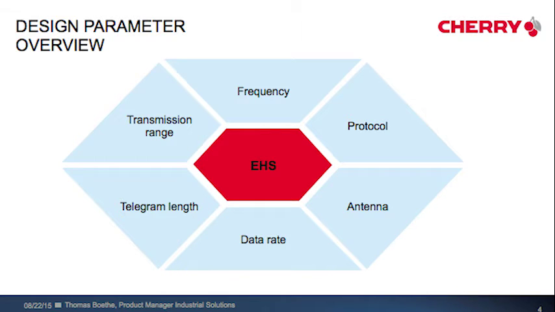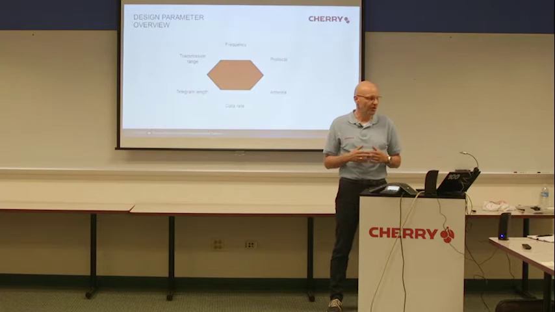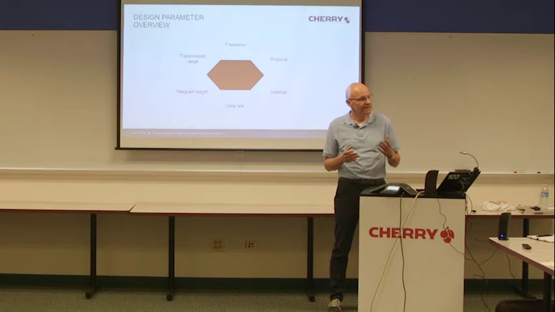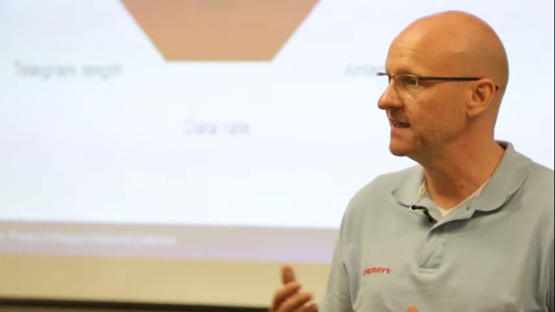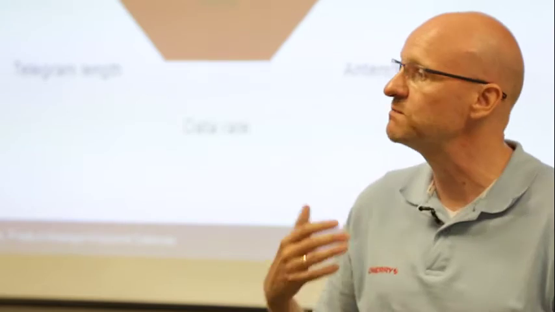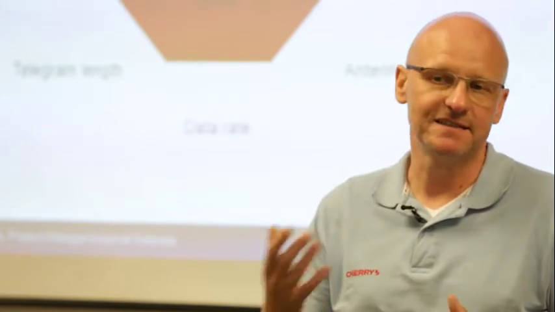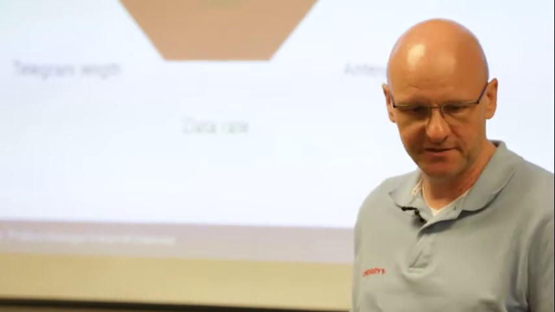Okay, let's start with the important design parameters. As you can see here, there are some special parameters which are very important for an RF system. This is, for example, the frequency, the RF frequency where you send out the signal. Then it's important the data rate. The data rate, we will see later, is the speed at which the data is transmitted over the RF channel.